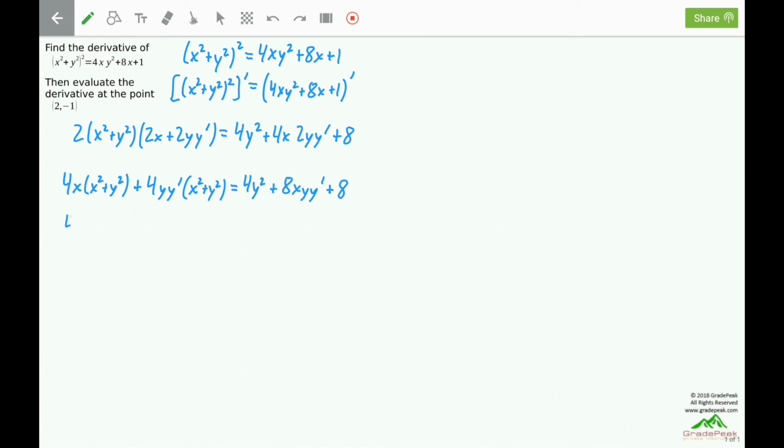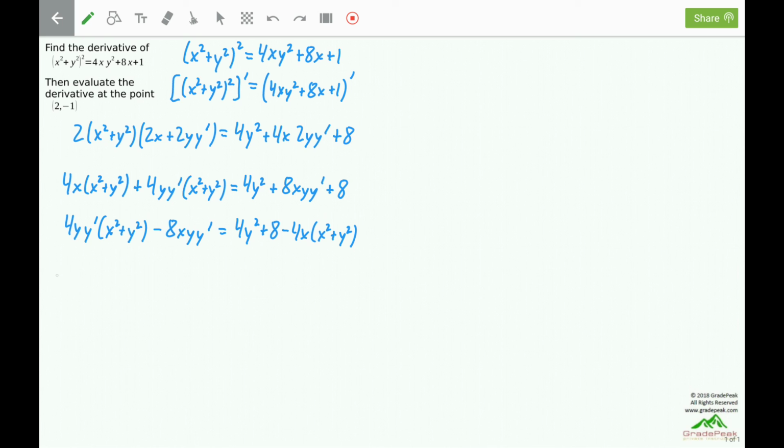So we will have 4y times y prime times (x squared plus y squared) minus 8xy times y prime equals 4y squared plus 8, and then we subtract this term over there, so minus 4x times (x squared plus y squared).